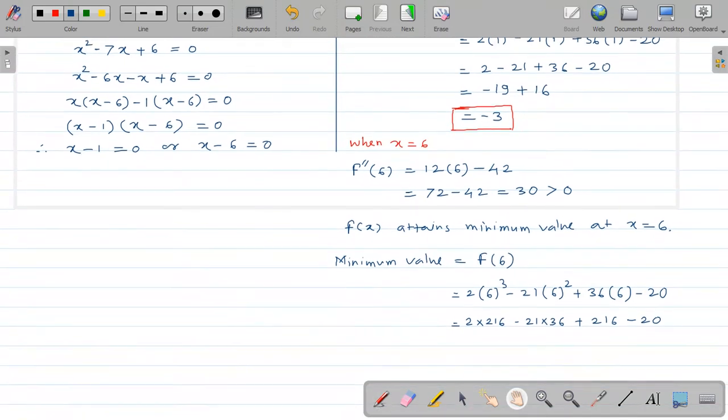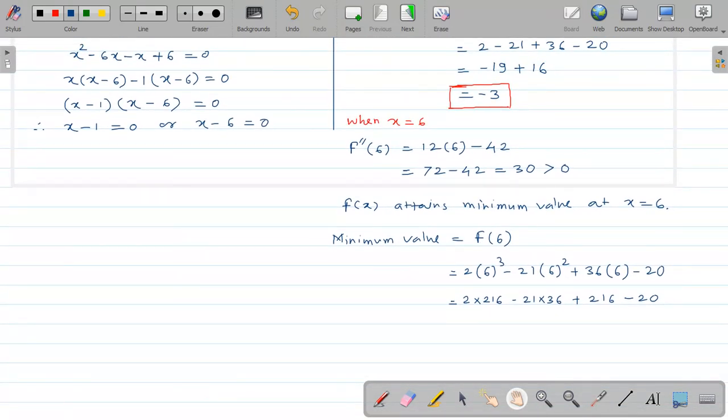Now further if you solve, then 2 into 216 is equal to 432. Check this. Minus 21 into 36 is 756 plus this is 216 minus 20. Now if you see this calculation carefully, then you will get the last answer as minus 128. Check this. Okay. Now this is called as minimum value of the function.